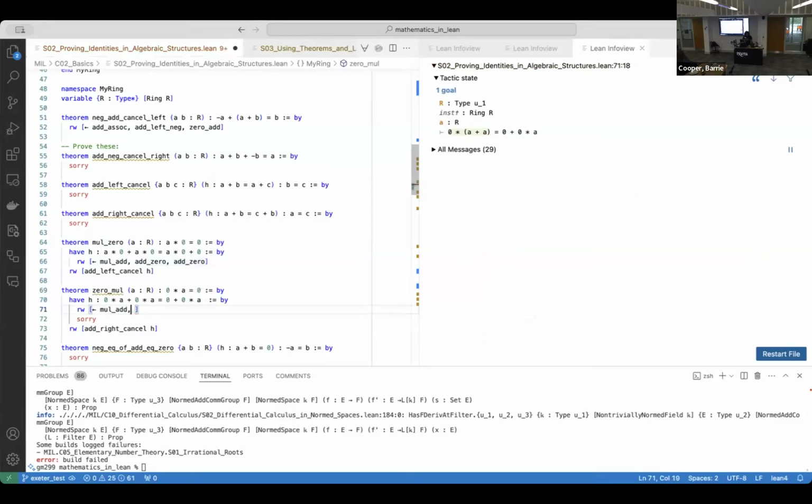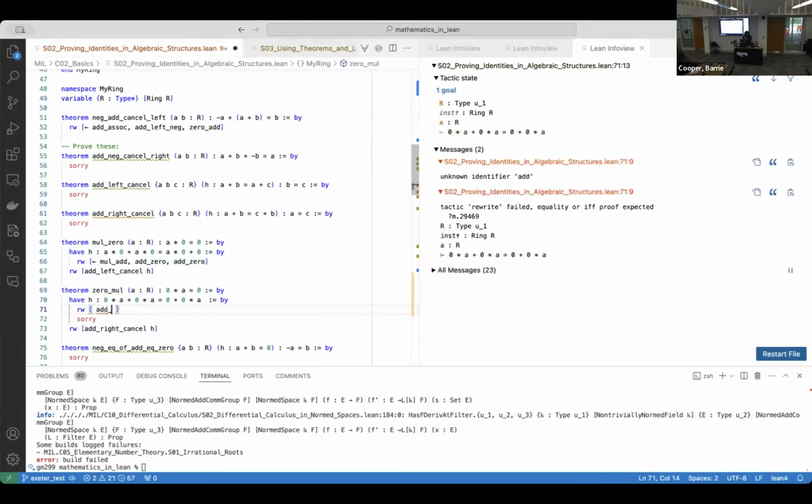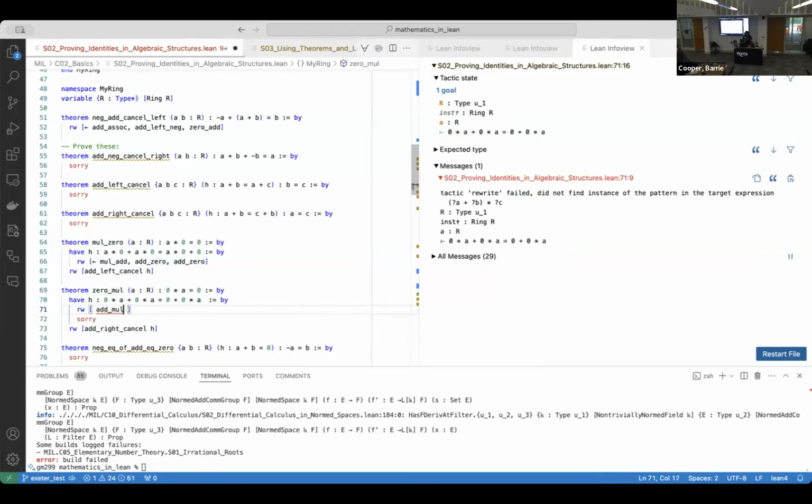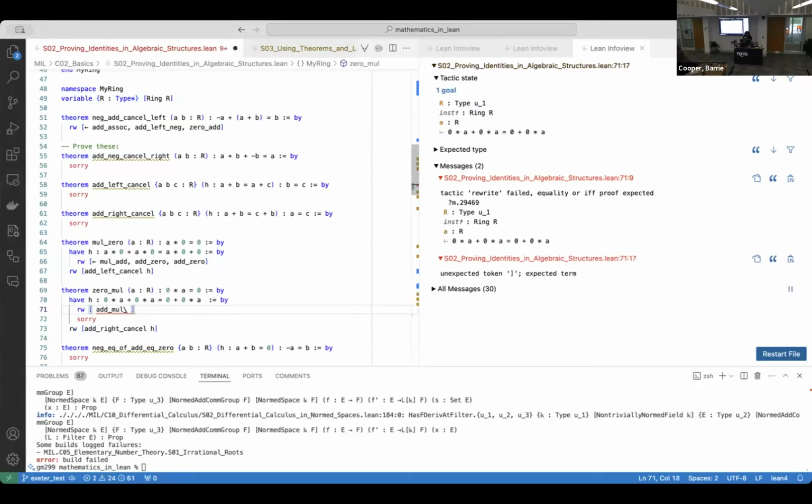Is that doing anything useful? Any other suggestions? Use the other distributivity. Add one. Okay. Whichever one. So that's not working. Backwards. What add maybe?